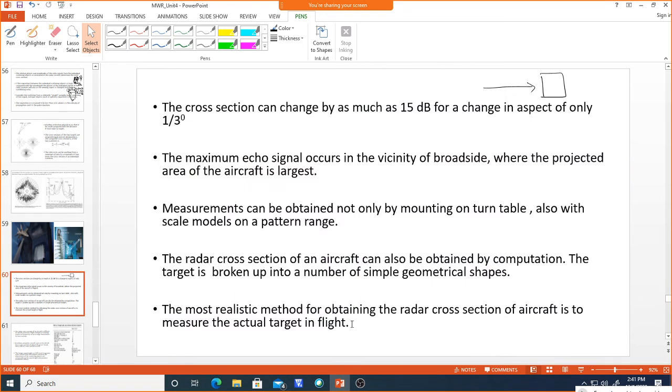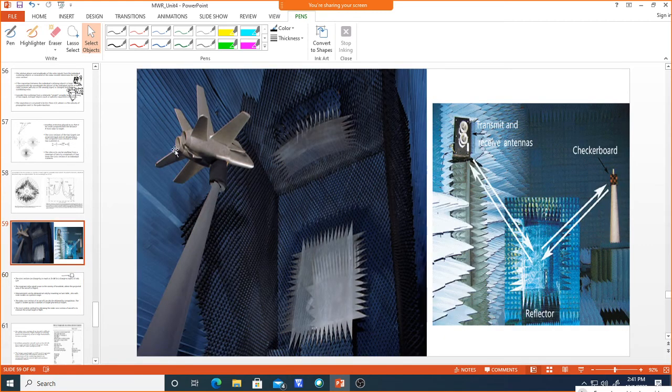The most realistic method for obtaining the radar cross section of an aircraft is to measure the actual target in flight. That is, if you want to measure practically how the actual aircraft behaves, you can put the target in flight like this, and as I said, you can turn this reflector to different angles, so that you can take the echo signal at different angles and compute the total RCS in the flight scenario.